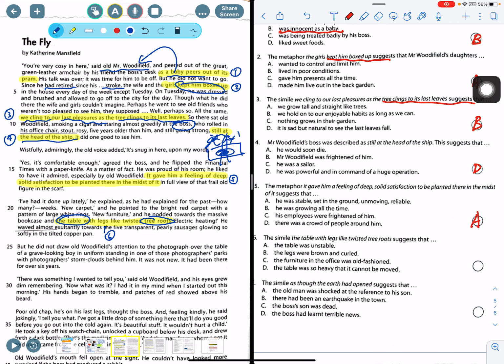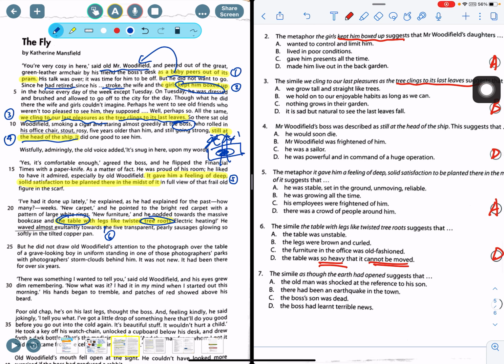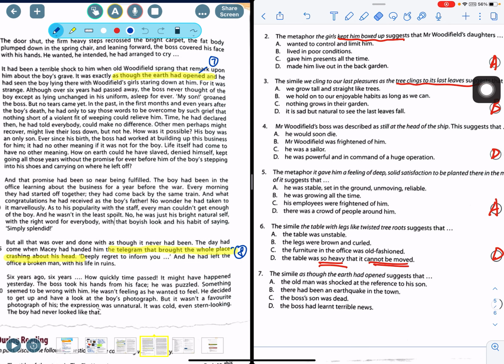So number 6 should be dull, so heavy, cannot be moved. The tree roots are twisted at the ground, so no one can move it. So you have to understand the comparison between table leg and the tree root. The sense of importance is over there. So heavy. And then move on to number 7 right here.